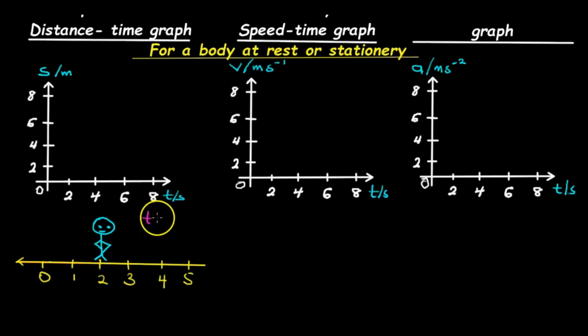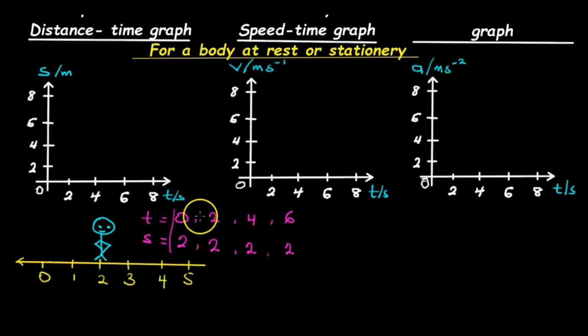Now when time was 0, the displacement or distance of that object was 2 because he's already at a certain distance or displacement. Now time starts traveling from 1, 2, 3 onwards. At time t equals 2, the displacement was still 2. At t equals 4, displacement was still 2. T equals 6, displacement was 2.